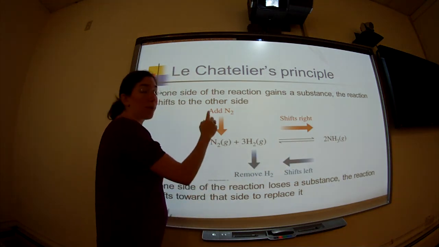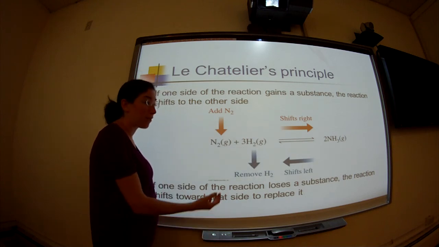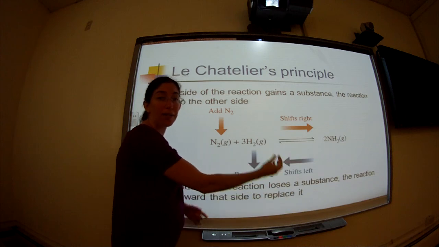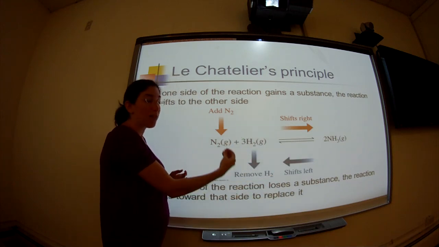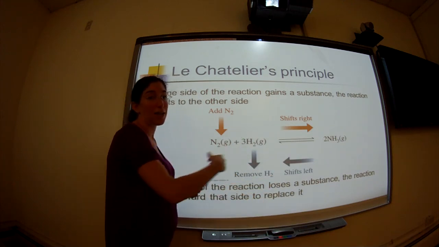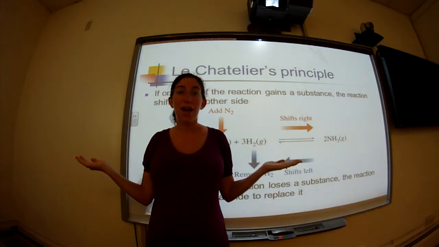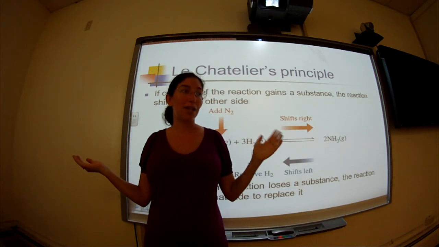Now, if you remove a substance, a reactant or a product, the reaction is going to shift in that direction. Let's try this again. Let's say I remove some product, this is my product hand.